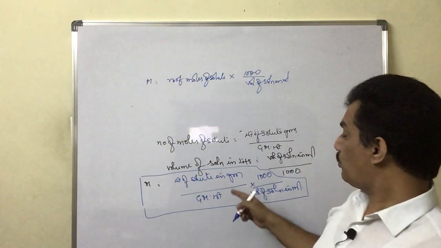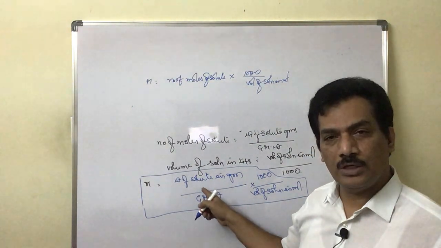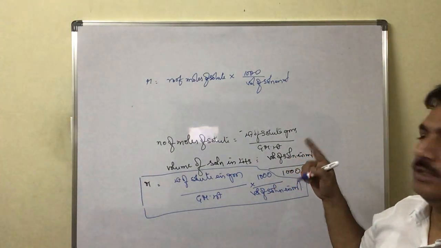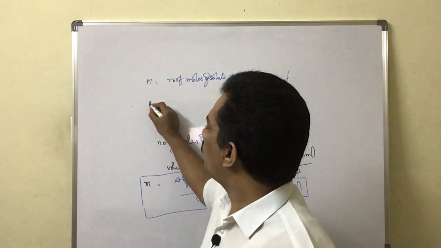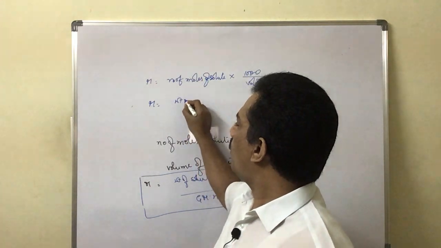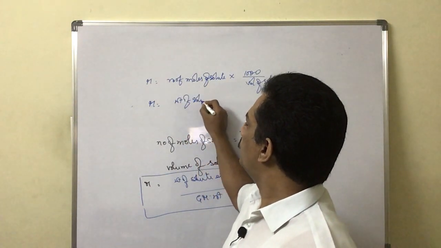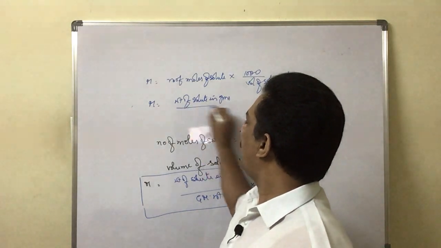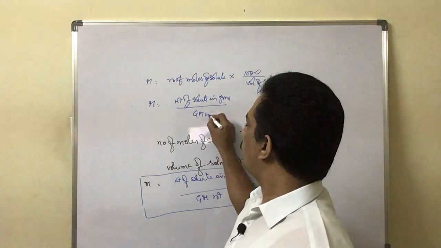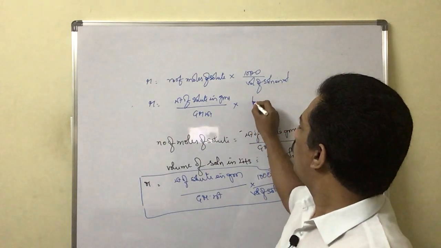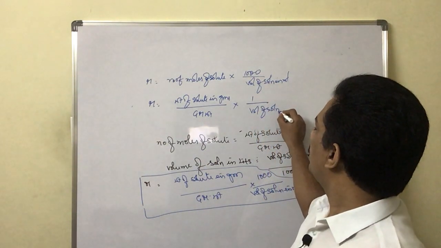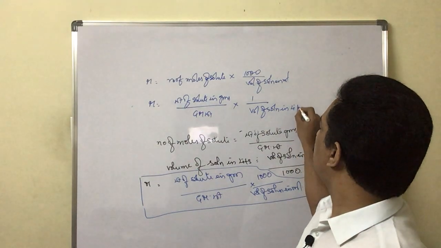Sometimes they may provide the weight of solute in grams but the volume of solution in liters. In such a case, the formula will be weight of solute in grams by gram molecular weight into 1 by volume of solution in liters.